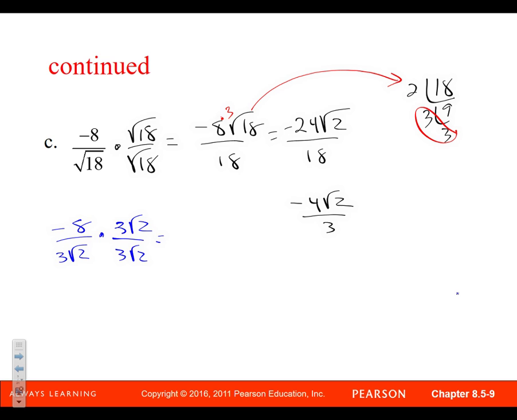This top part would give you the negative 24 radical 2. Here you're going to get 3 times 3 is 9 radical 4. What's the square root of 4? 2. So you're going to get negative 24 radical 2. 2 times 9 is 18, and you're back at that step again. So whichever one you want to do is fine. There's nothing else to do. As long as that denominator doesn't have a radical in it, we're good to go.